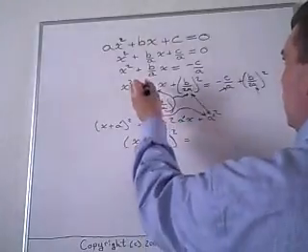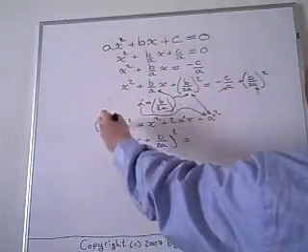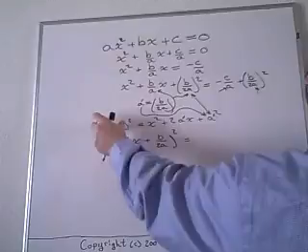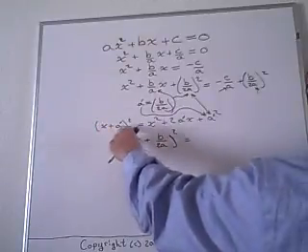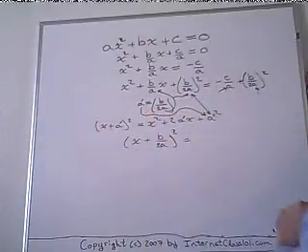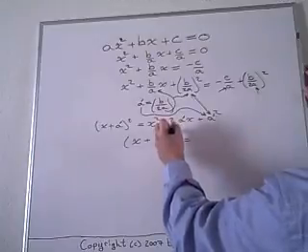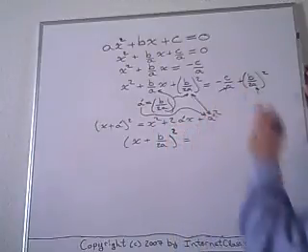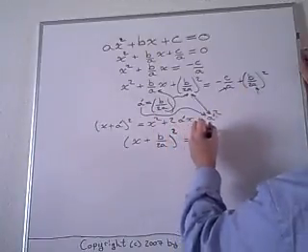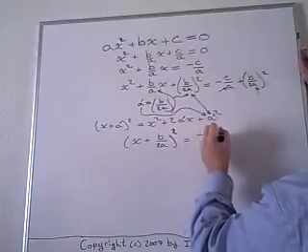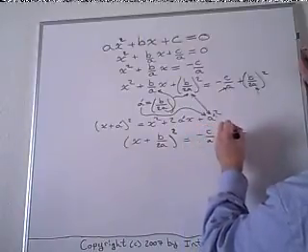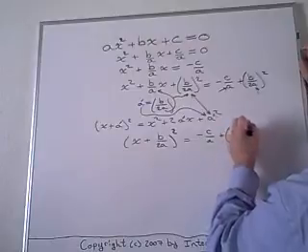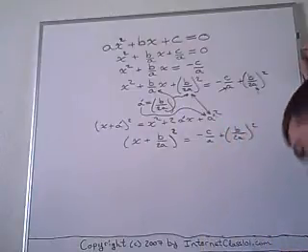I've just replaced this side with its equivalent form, where a prime is this. And that's supposed to be a 2 here. And then the right side still stays the same for now. Okay?